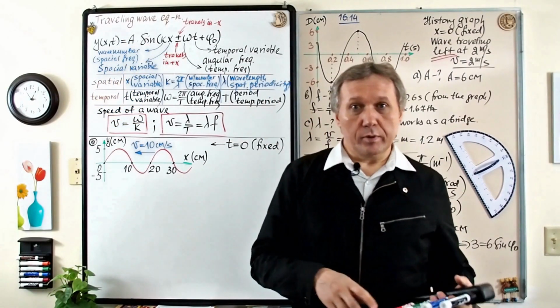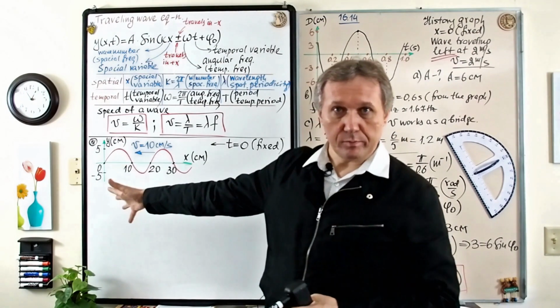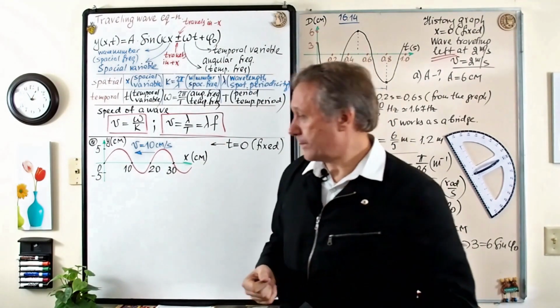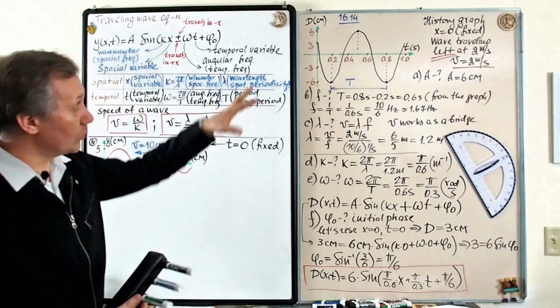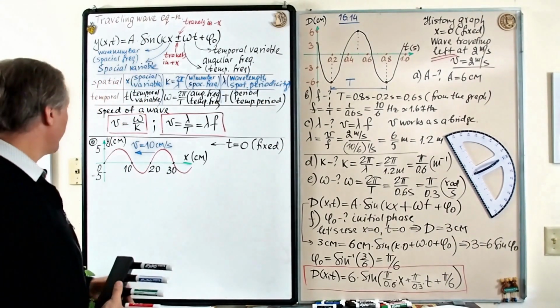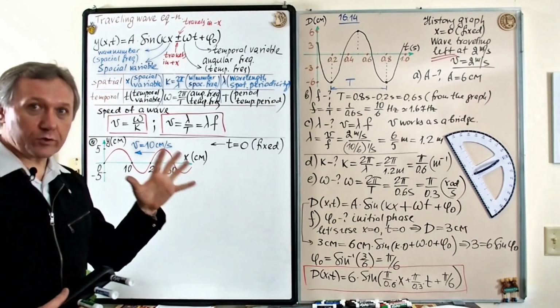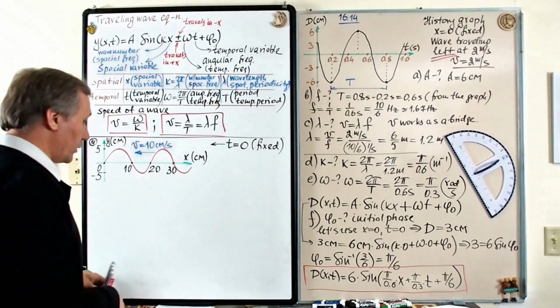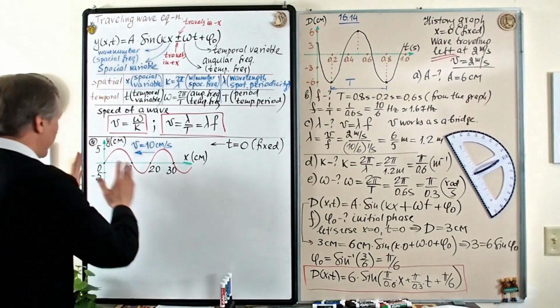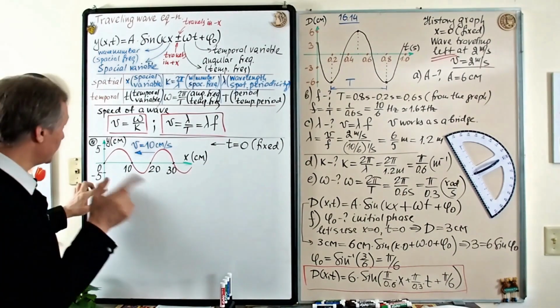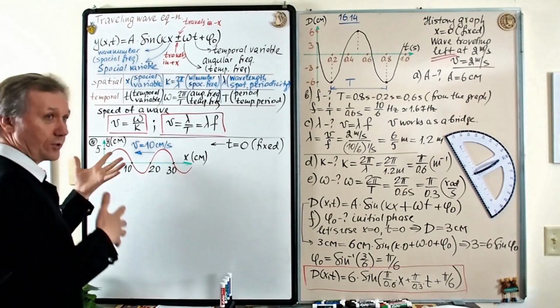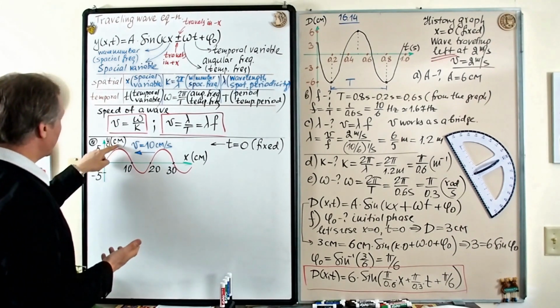So, next problem. It's not from the book, right? I just created it to discuss a slightly different situation relative to what we discussed just now. So now let's assume that we have a traveling wave. And what do we know about this traveling wave? We have this plot. So what do we have? We have y, displacement of the particles of the medium, in centimeters, right?